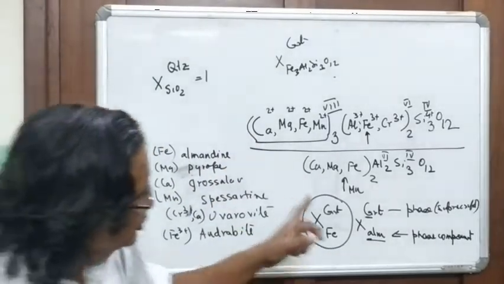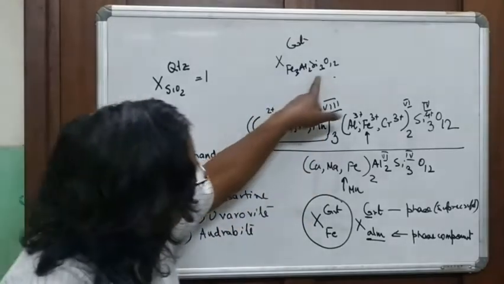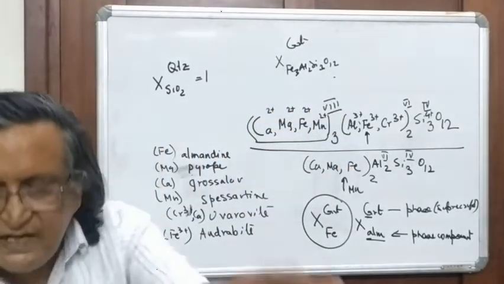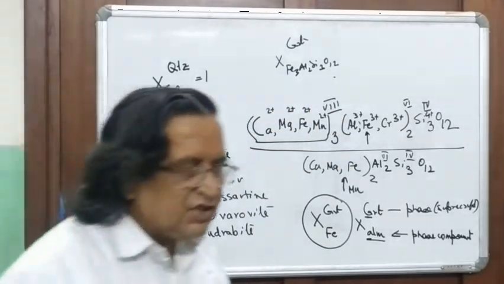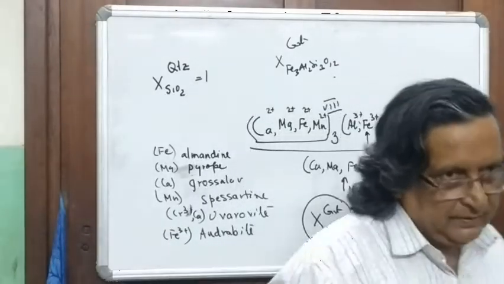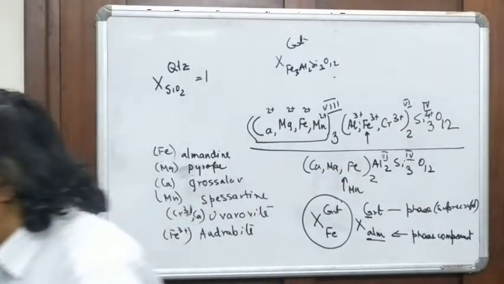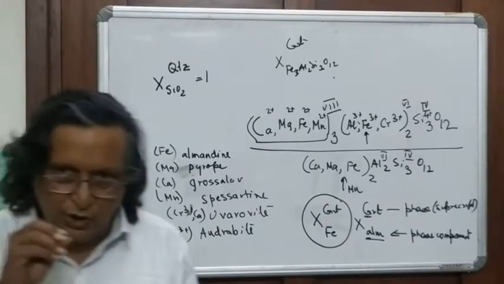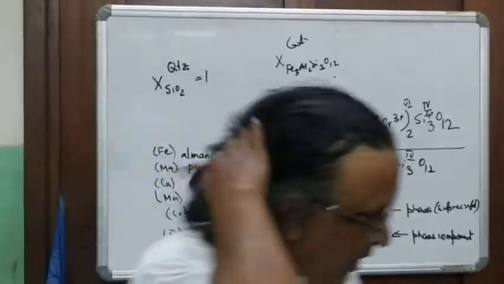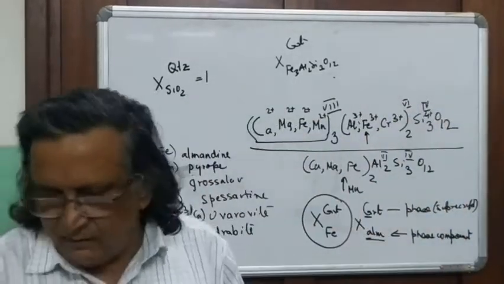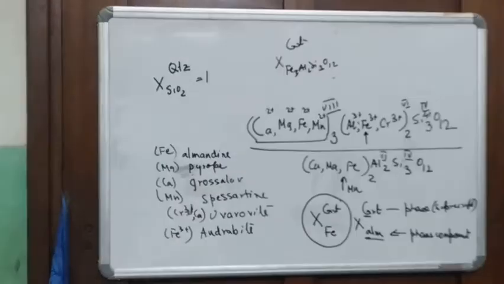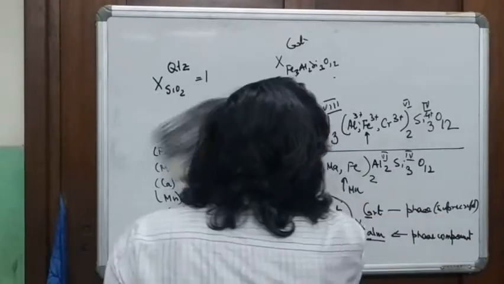Have you understood? So you have to define before writing this that this is almandine. This is my formula for almandine. So this is an important step that we need to know: phase and phase components.